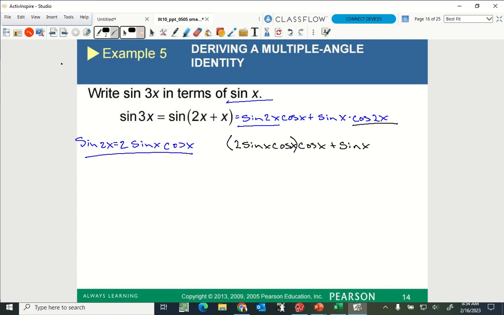Probably the one with the sine, right? Okay. So I am going to change this out, and this is going to be replaced with my 2 sine squared x minus 1.